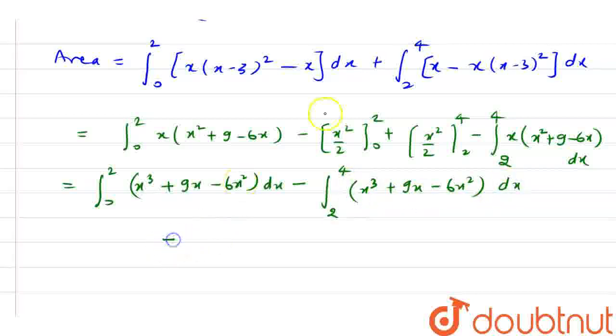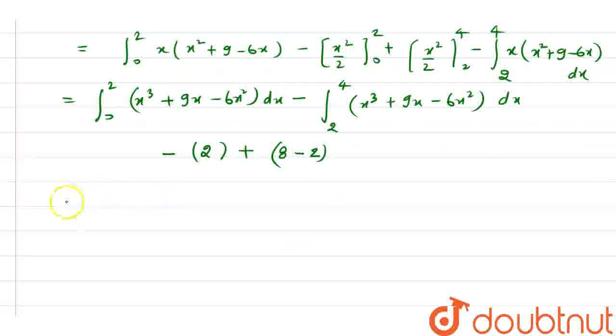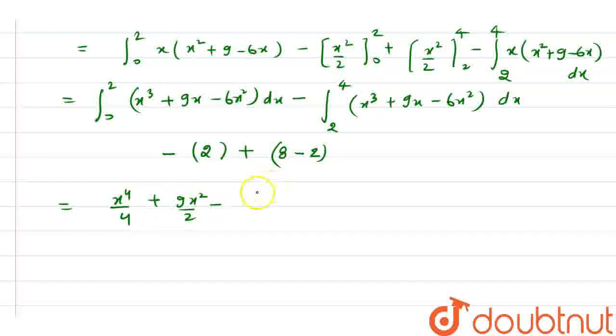Now this gets subtracted by, if I put the upper limit here, 4 by 2, that is 2, and if you put 0 you will get 0. Next, if I put 4, 4 square is 16, 16 by 2 is 8, minus 4 by 2, that is 2. Integrating this, we have x to the power 4 by 4 plus 9x square by 2 minus 6x cube by 3, that is 2x cube, with limit 0 to 2.